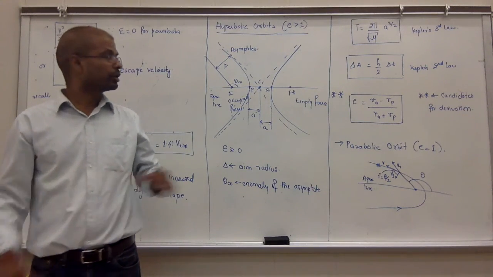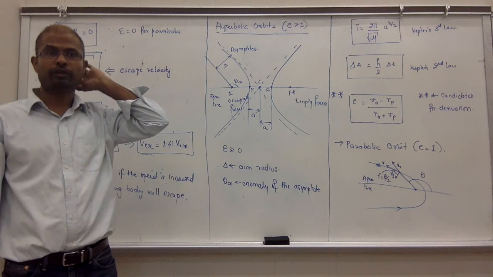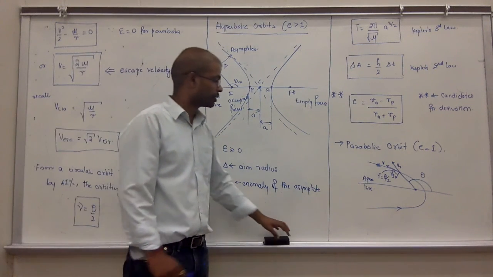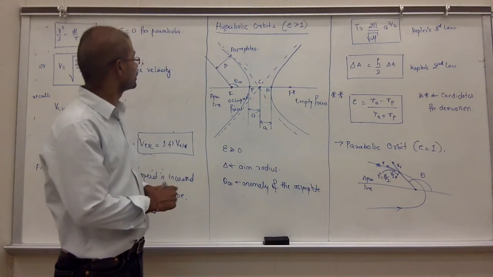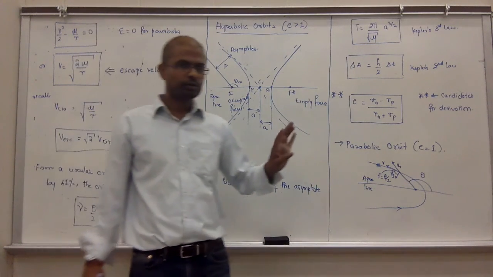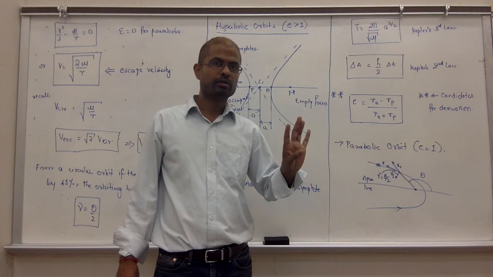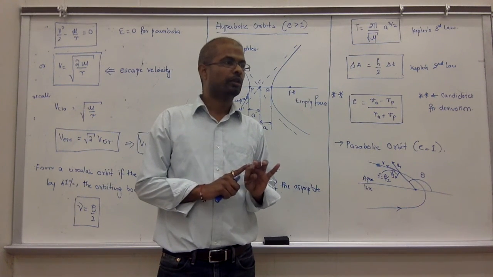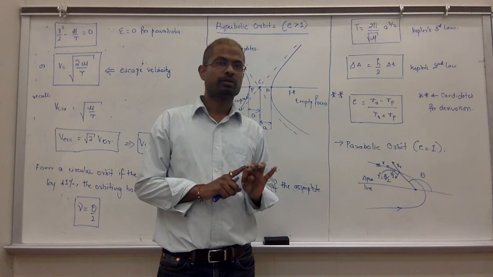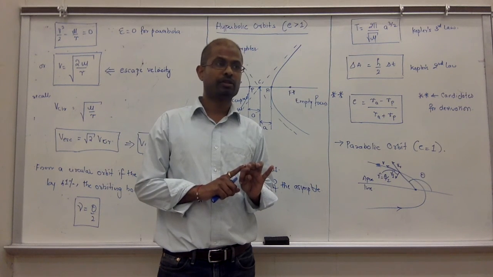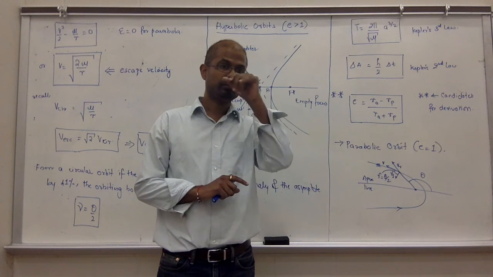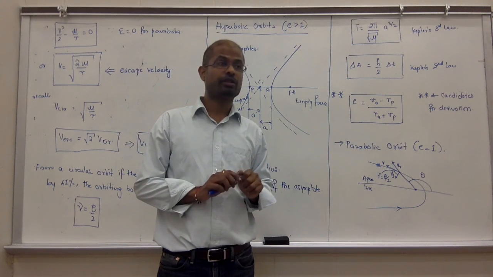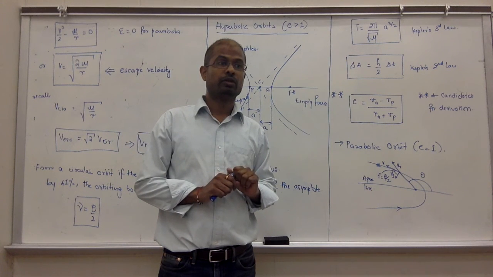It summarizes all the formulas we have derived for different orbits. What you really need to know is circular and elliptical orbits very thoroughly. With regards to parabolic orbits, you need to know that energy is 0, and eccentricity is 1.